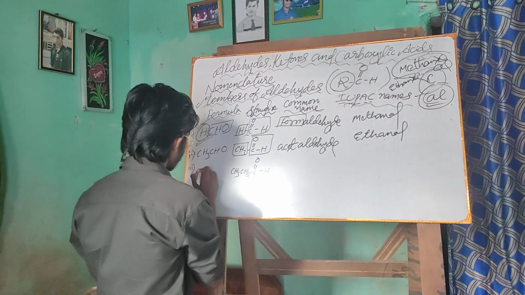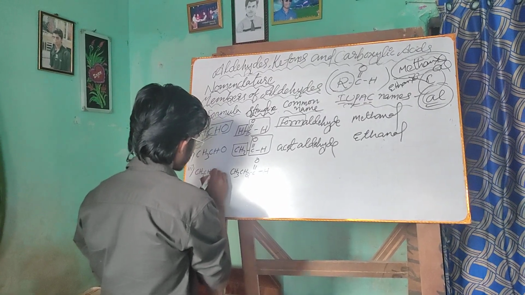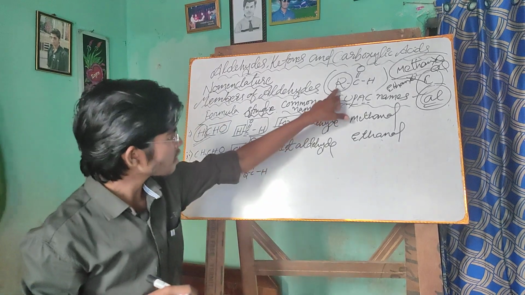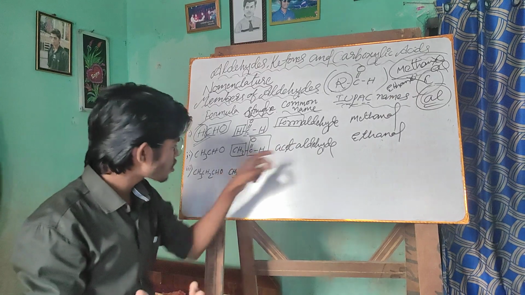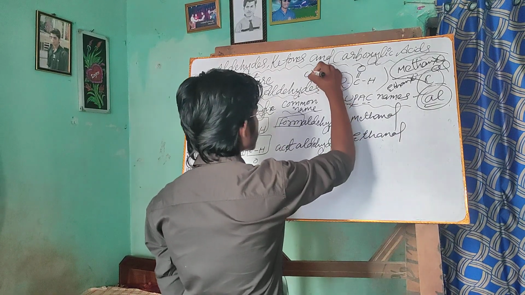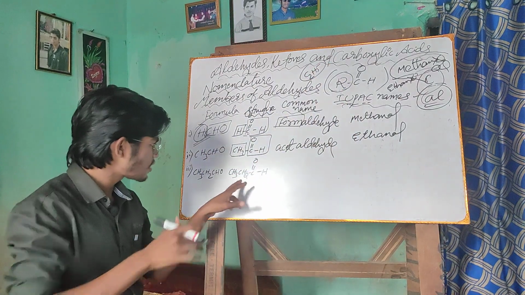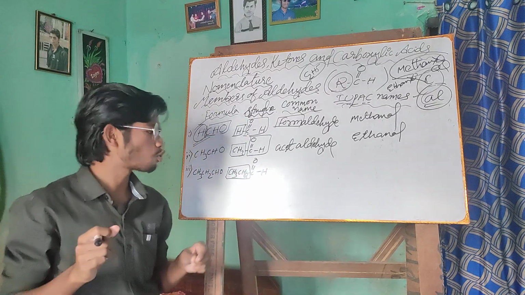That means CH3CH2CHO. So look here, the first member of the alkyl group is methyl. The next member of the alkyl group is ethyl. We generally write ethyl as C2H5. So here I have just stretched it, that is CH3CH2. CH3CH2 means this is C2H5, or not? Yes, this is C2H5.